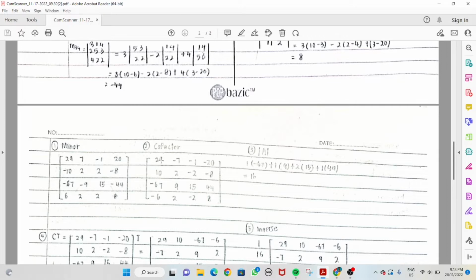So we'll get 29, -7, -1, -20, 10, 2, -2, -8, -67, 9, 15, 4, 44, -6, 2, -2, 8. By using the cofactor, we will now find the determinant, which is 16.